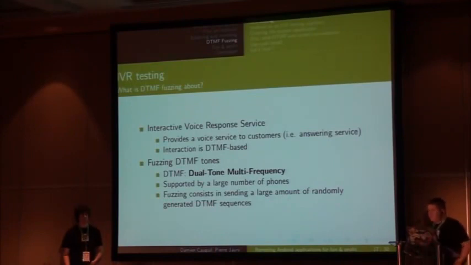And all the interaction between your smartphone or your phone and the IVR is based on what we call DTMF. DTMF is a method to send commands over the phone system. It's based on a dual-tone multi-frequency system, and it's generally supported by a lot of phones. Fuzzing the DTMF consists in sending a large amount of data, DTMF sequences, that is, over the phone network in order to see how the IVR service reacts to what we send to it.